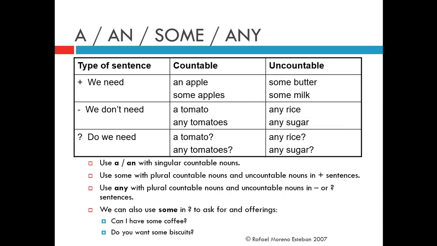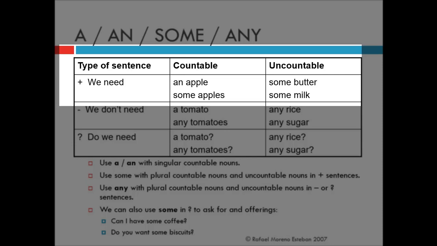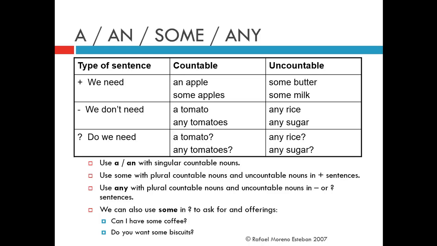Okay, with a countable noun, we can say an apple or some apples. Don't forget to put the letter s at the end. And with an uncountable noun, you just say some butter or some milk. You will never use a or an because they go with countable nouns. All right, that is the positive expression.